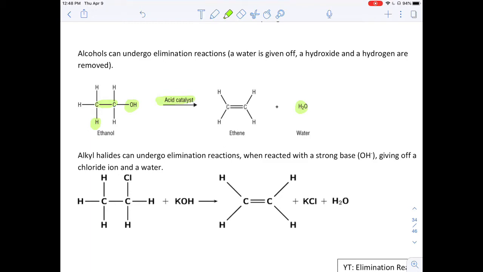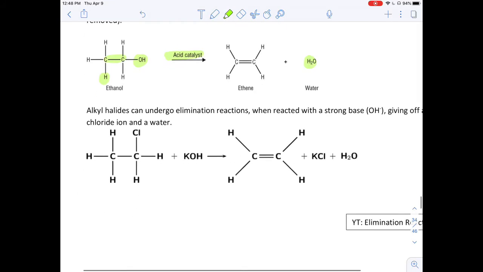Elimination reactions typically are going to happen with alcohols or alkyl halides. So if I have an alkyl halide, I can remove the chlorine here and a hydrogen from an adjacent carbon to form a double bond. But in this case, there needs to be a strong base.